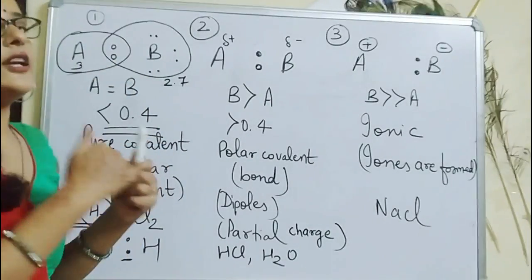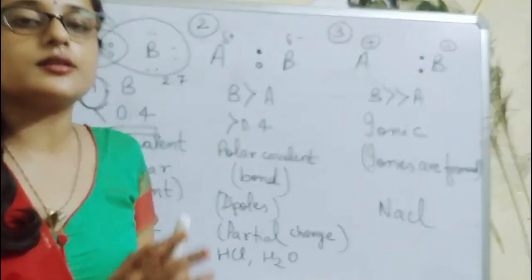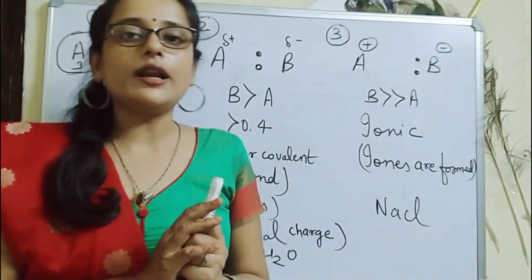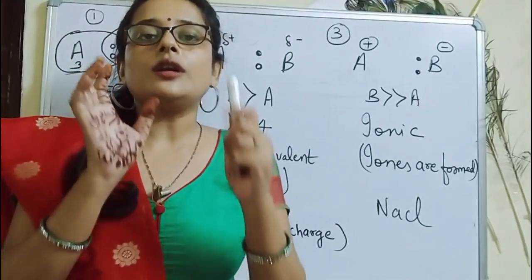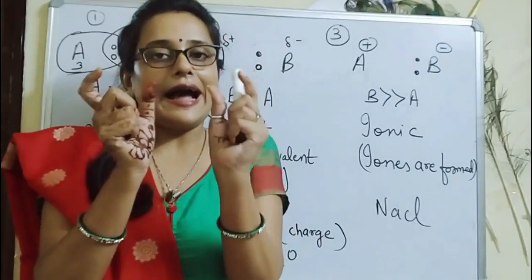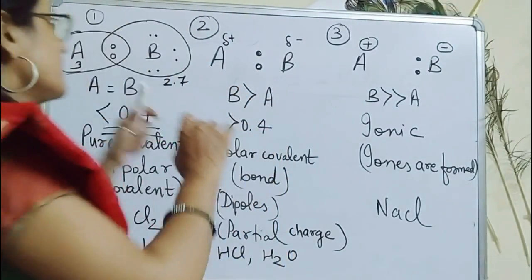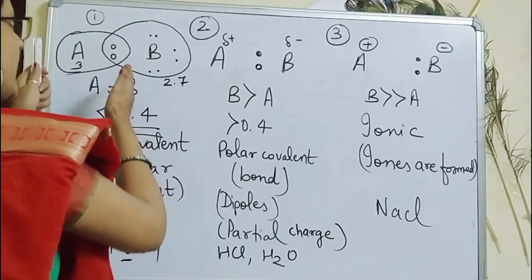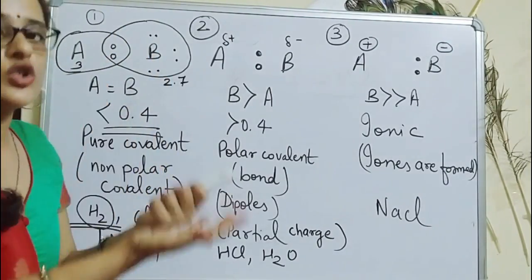This type of bond can also be called a non-polar covalent bond, as covalent bonds are of two types: polar covalent bond and non-polar covalent bond. A polar molecule is a molecule in which the atoms involved have some amount of charge. As this electron is shared equally between A and B, A and B develop no charge.